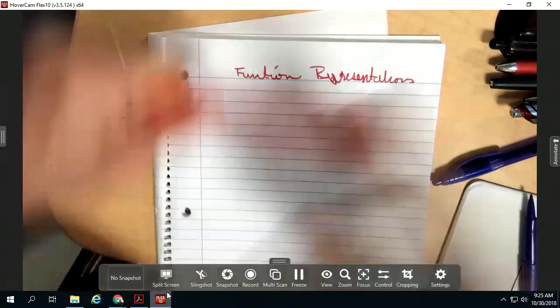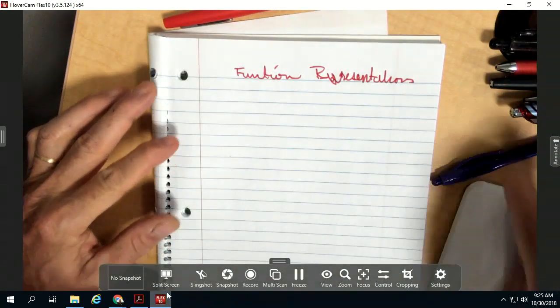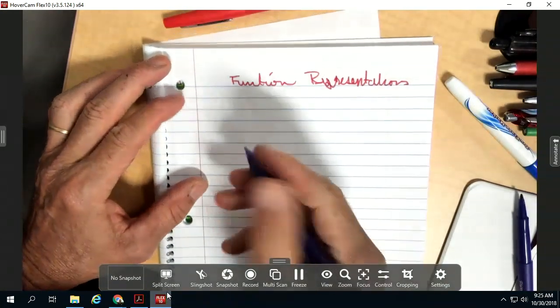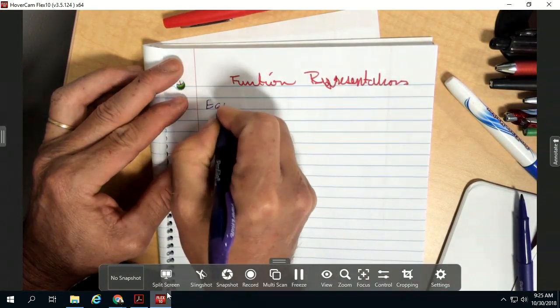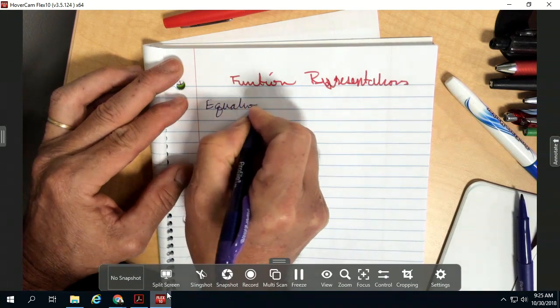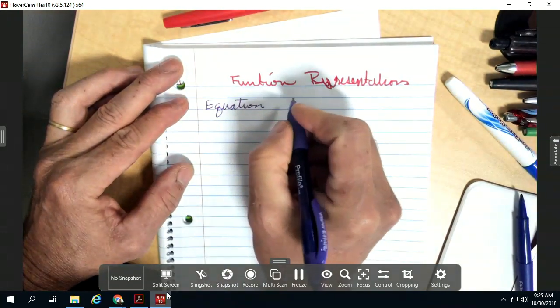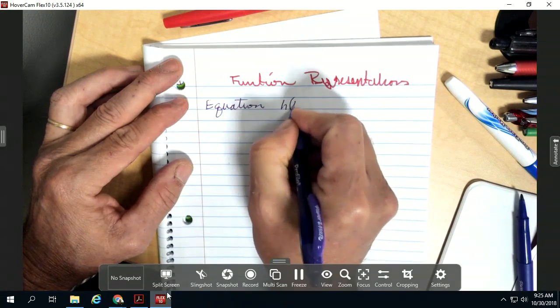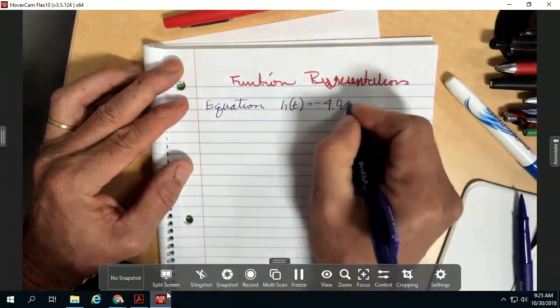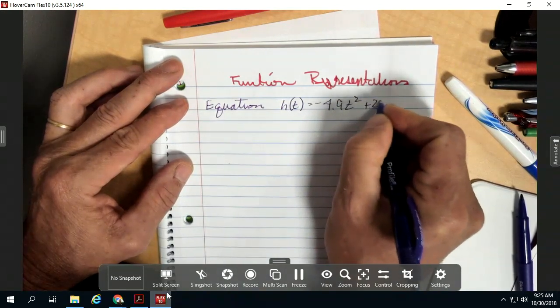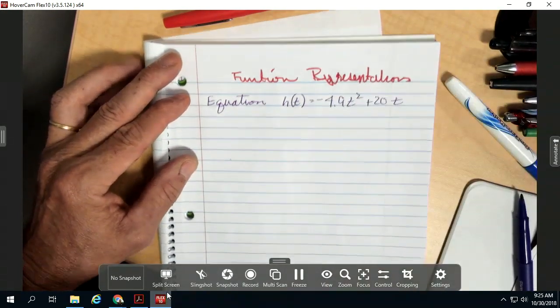First one is an equation. And they give us h of t equals negative 4.9 t squared plus 20t.